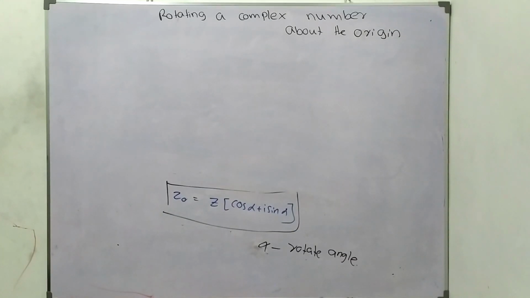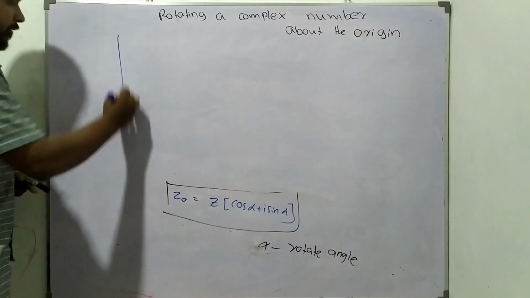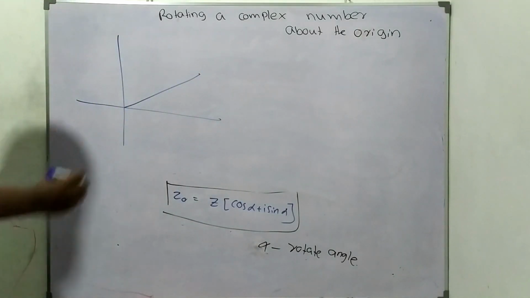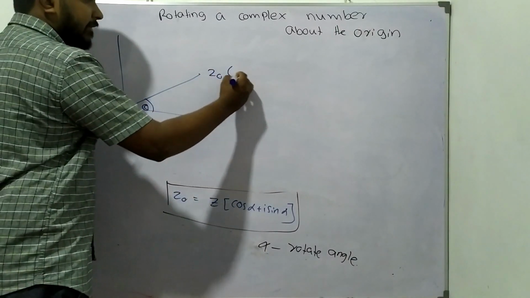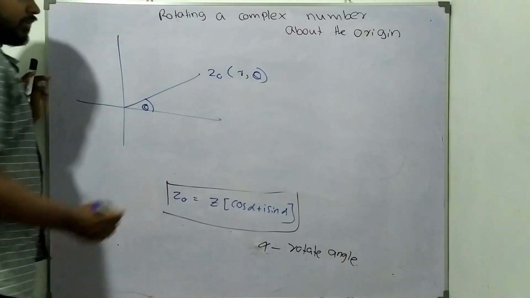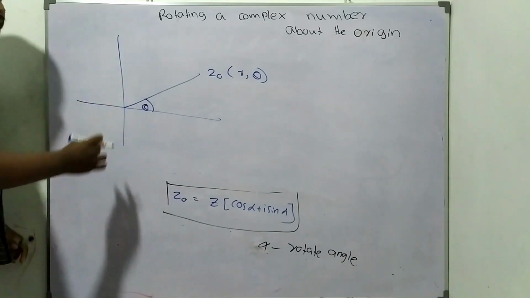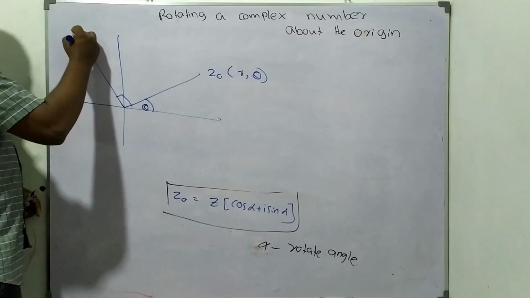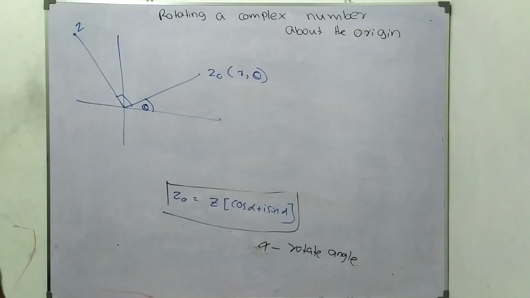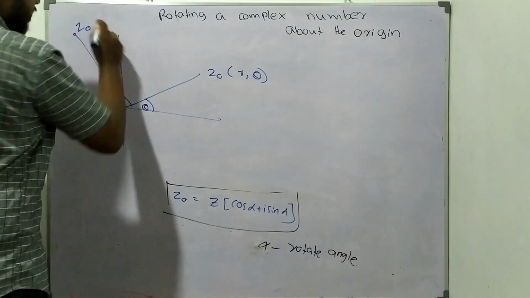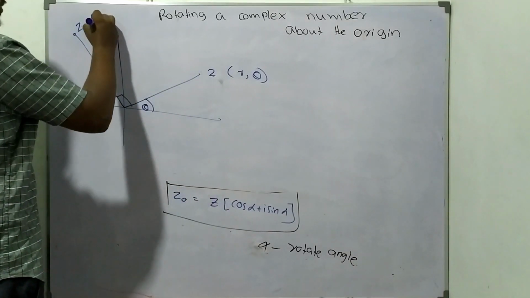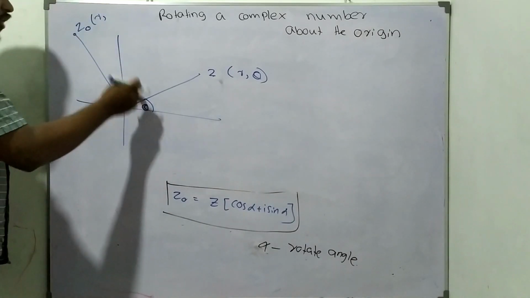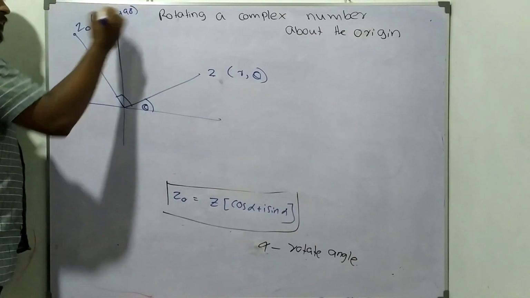Let's assume a complex number z with r and theta is rotated 90 degrees. 90 degrees means perpendicular. So I need this z naught. The r stays the same, so what happens to the argument? The argument becomes theta plus 90.